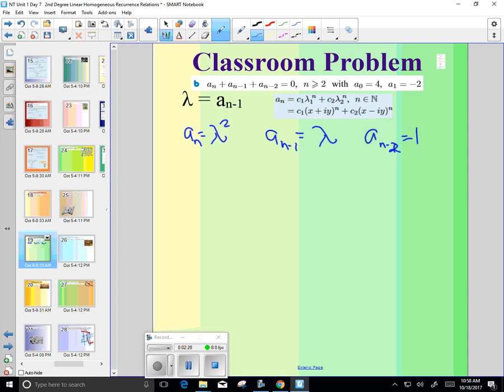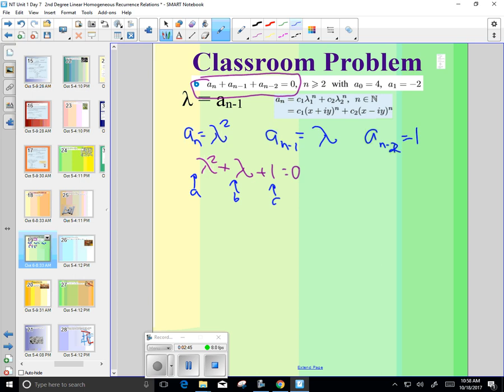So here it's set equal to 0. Lambda squared plus lambda plus 1 equals 0. Got your A, B, and C's.